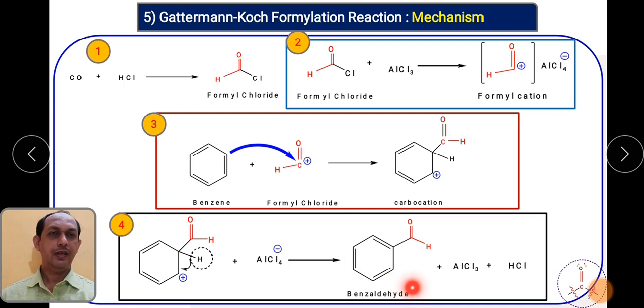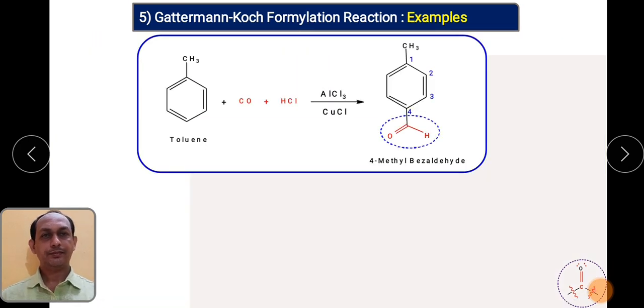This is the conversion, and this C double bond O H group is coming from this particular part. Remember, hope you have understood. And the aluminum chloride we added in the first step is regenerated, and HCl is removed. We will see examples one by one.